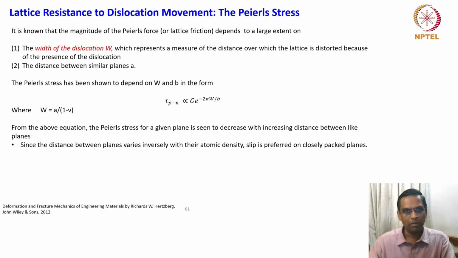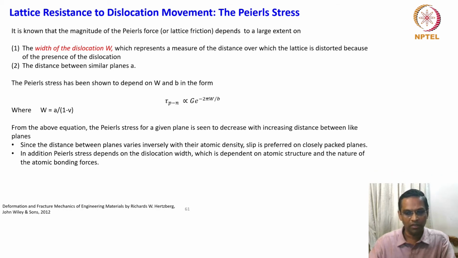These are all very fundamental ideas which give us much more perspective about this concept. In addition, Peierls stress depends on the dislocation width, which is dependent on atomic structure and the nature of atomic bonding forces. So now we are coming to a very fundamental idea, bonding forces.